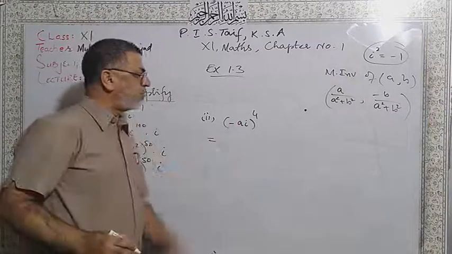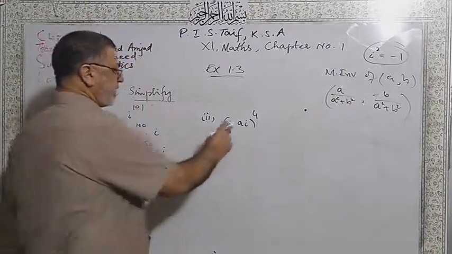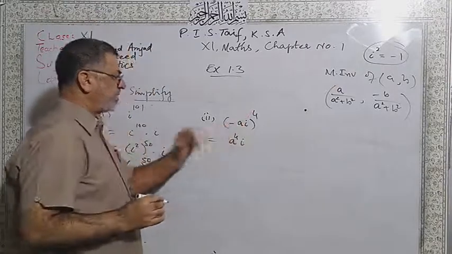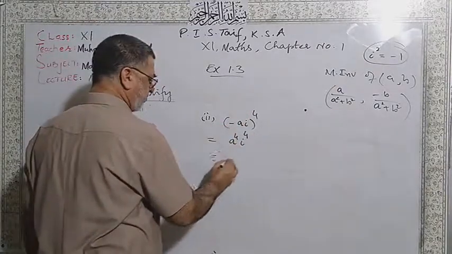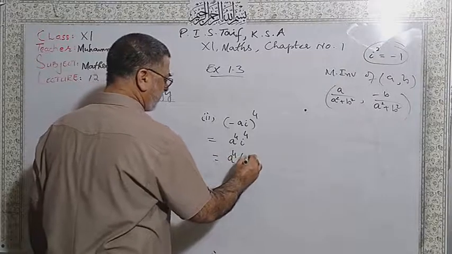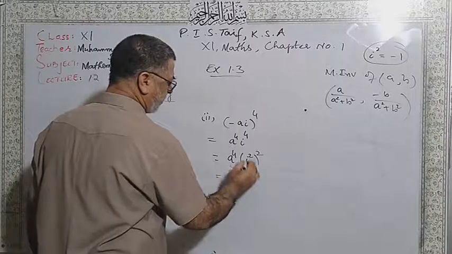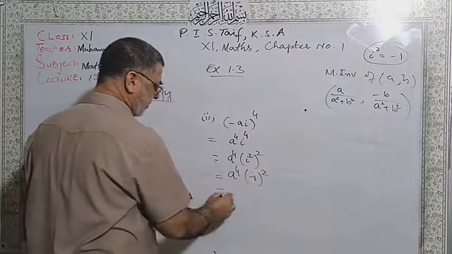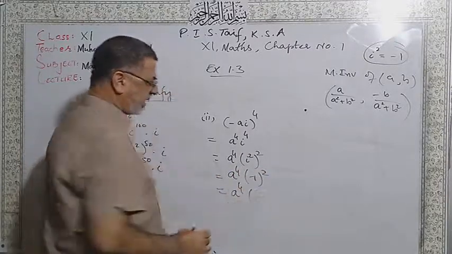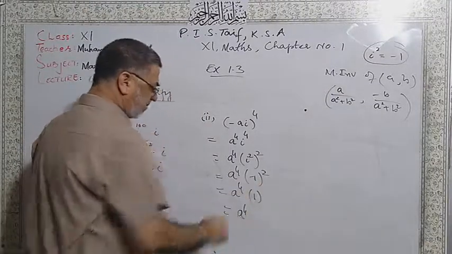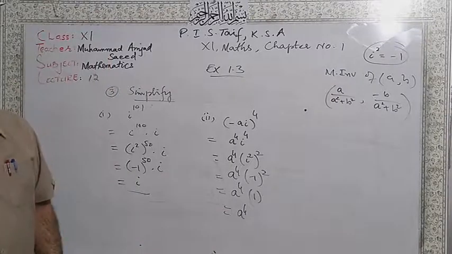Because of this even power, you can check, it will make it positive, iota 4. Iota 4 can be written as (iota square) whole square. Iota square is -1, so (-1) power 2 is 1 because of the even power, so 1 is your answer.